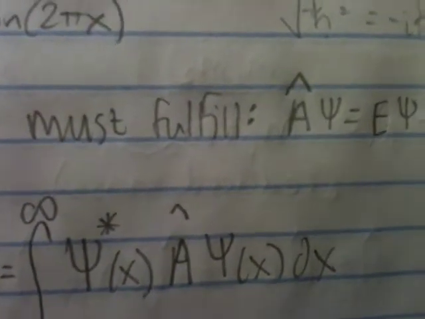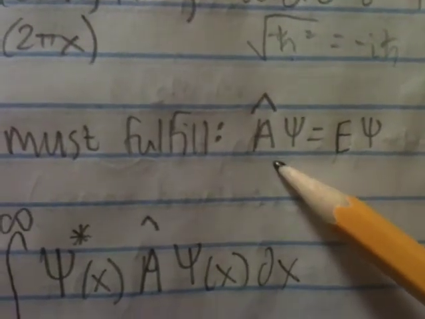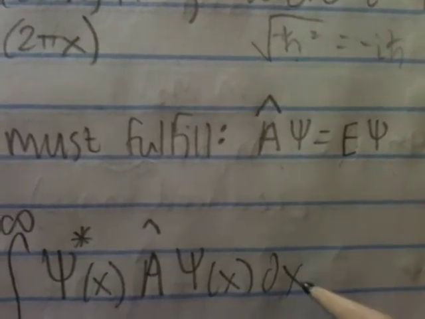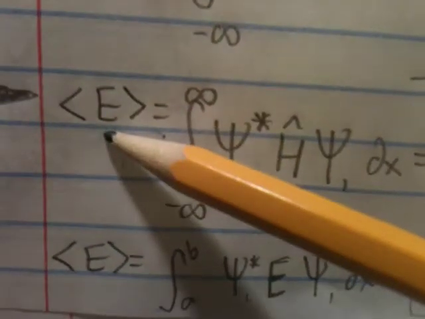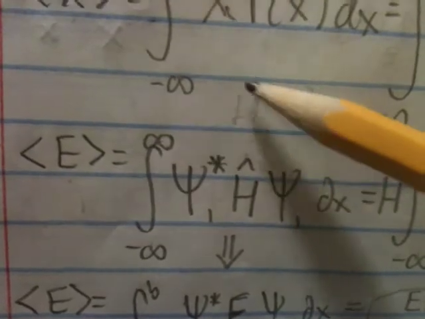These operators must fulfill this parameter, that the eigenfunction gives you an eigenvalue. An example would be finding the expectation value of the energy using the h hat operator. What is this, you're asking? A Hamiltonian h hat is an operator? Well, yeah, it is. Sure, look. It's just like this.